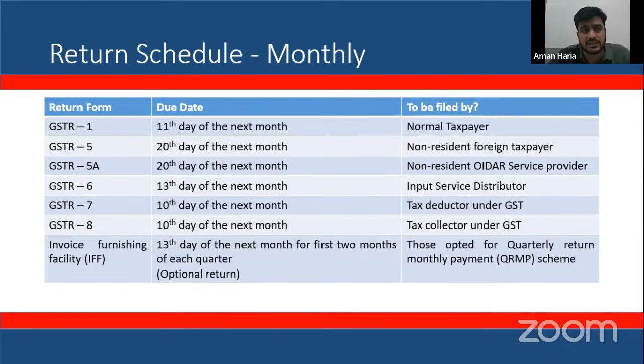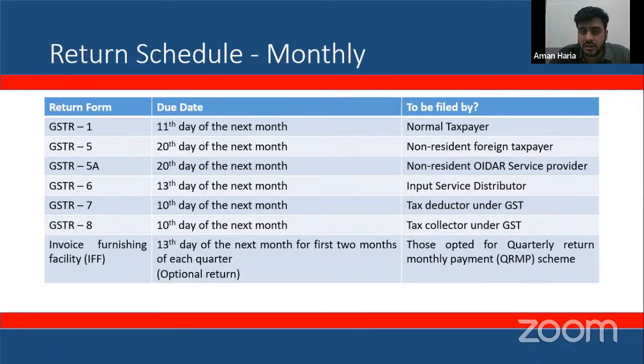Lastly, those taxpayers who opt for the quarterly return monthly payment scheme have one small option wherein, if they want, they can file a monthly return which will contain only the B2B details in the Invoice Furnishing Facility (IFF), which they have to file by 13th of the first 2 months.